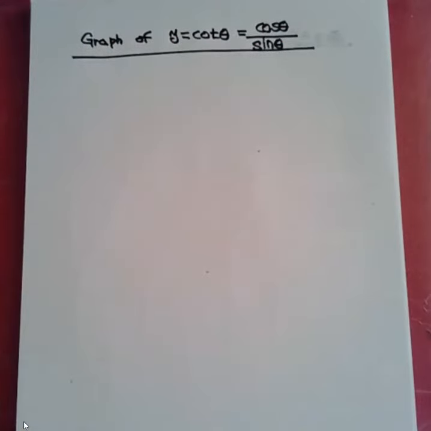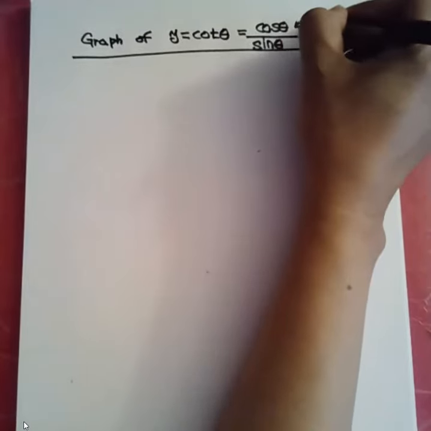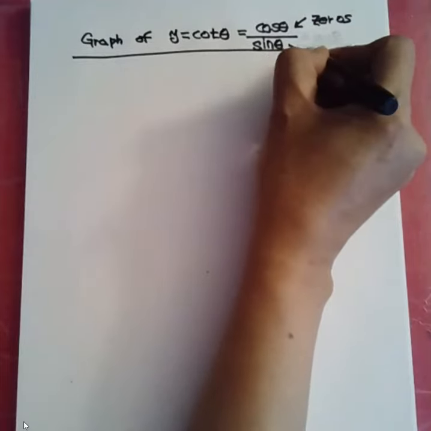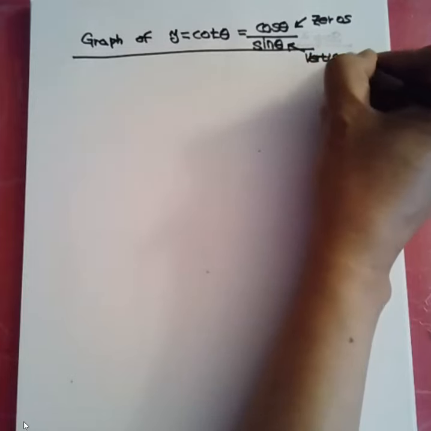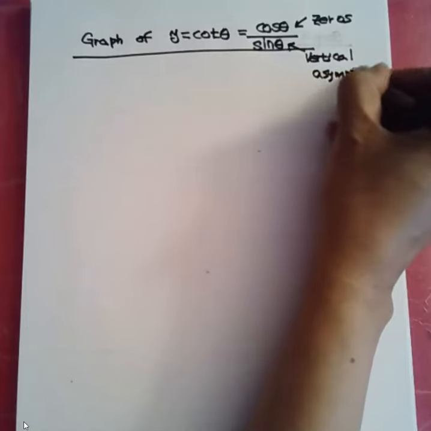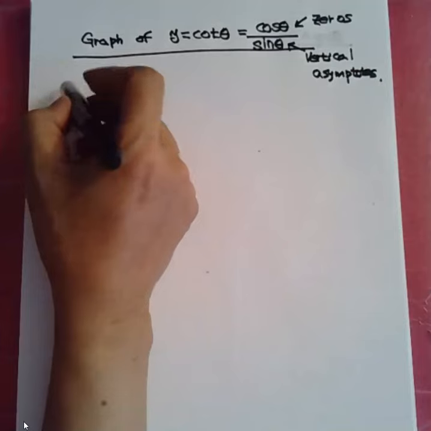This time, sine is in the denominator and cosine is in the numerator. So cosine will determine zeros and sine will determine vertical asymptotes, where the function is not defined.